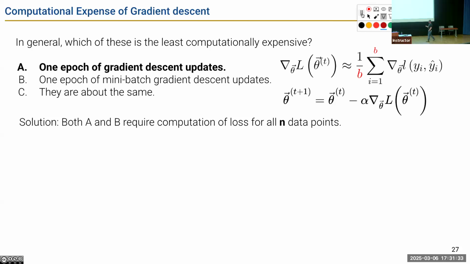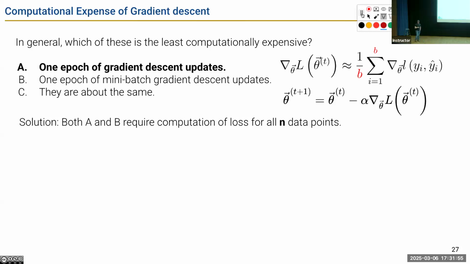So we know that's going to happen in both cases. So that's the same. But what else is going on? In gradient descent, we're going to get a single update to the parameters. We're going to use all n data points to compute the gradient, and we're going to get one update from that gradient.